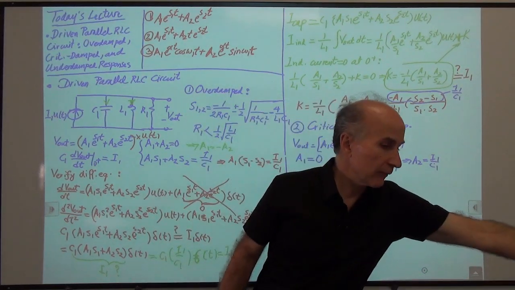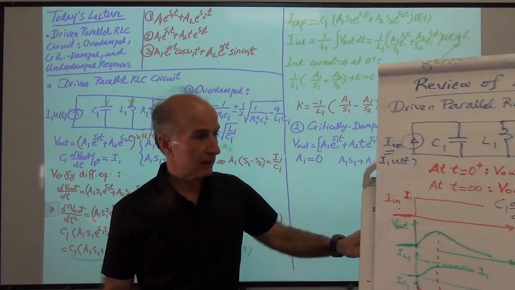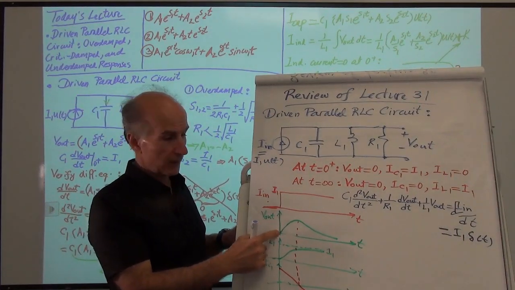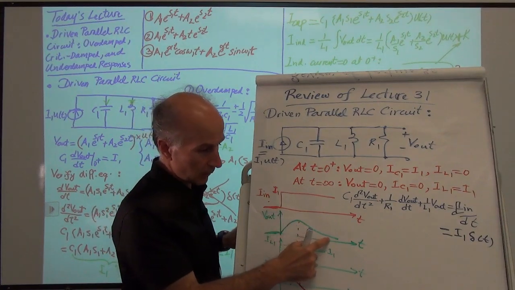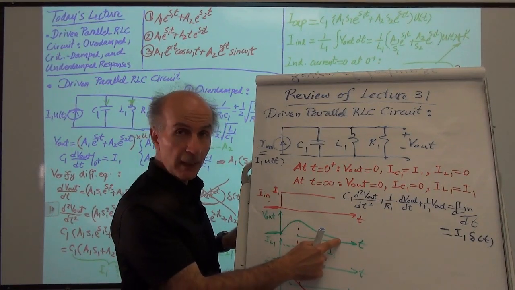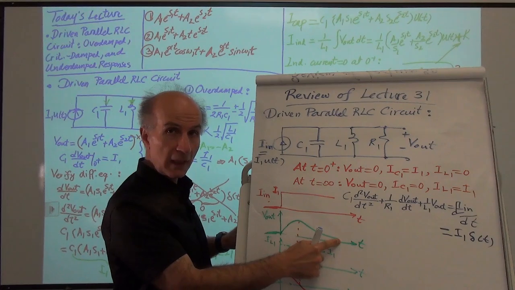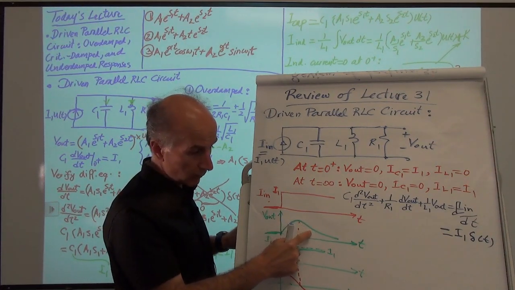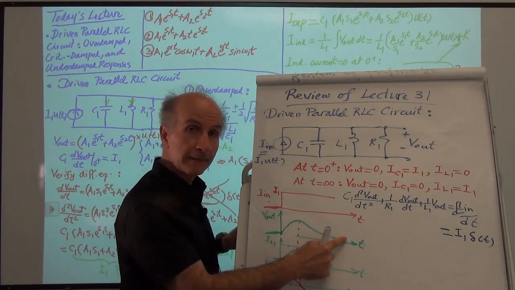So when we have a critically damped response, V out is similar, except that it settles as fast as possible here. If you make the resistor any larger, then V out will try to go below 0 before it comes back.